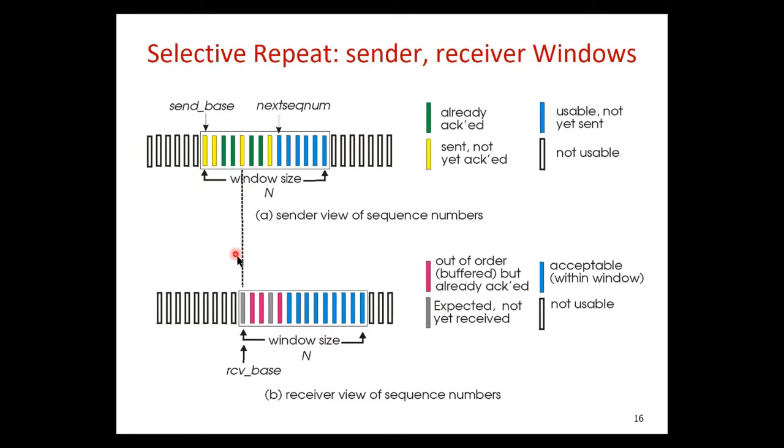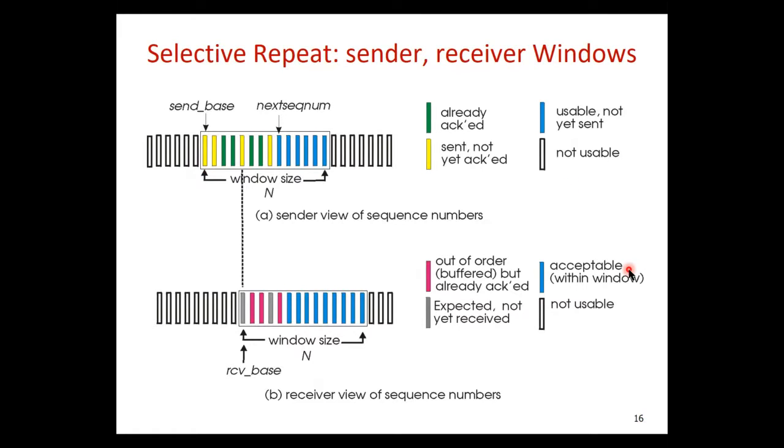The ACKs of 5 and 6 were lost, right? Eventually, yes, correct, after timeout. Remember, there's a timer associated with each of the numbers. There's a timer for 5, and another timer for 6. So when the timer for 5 expires, the sender will retransmit 5.